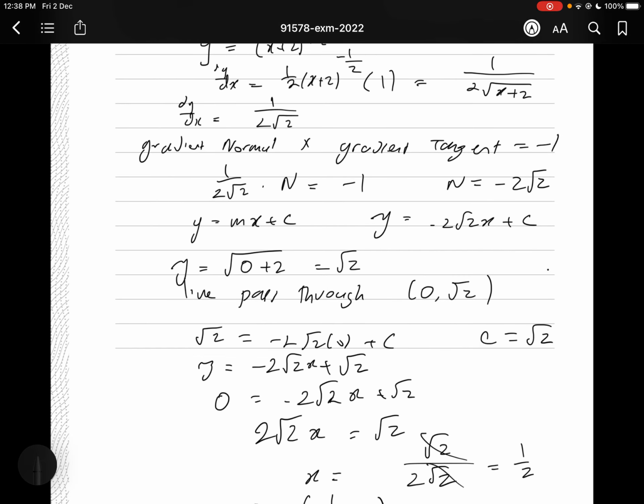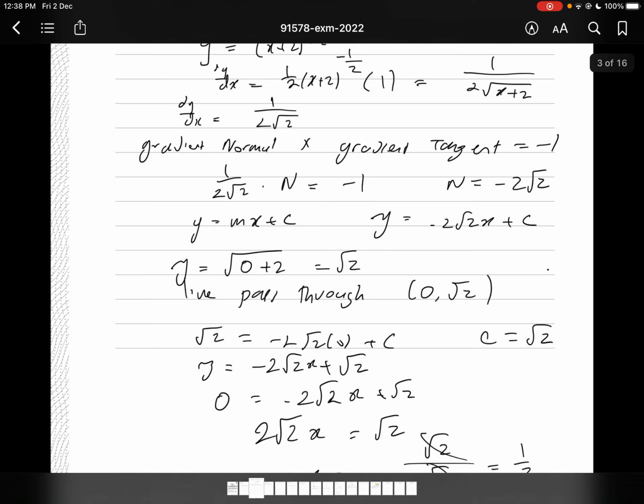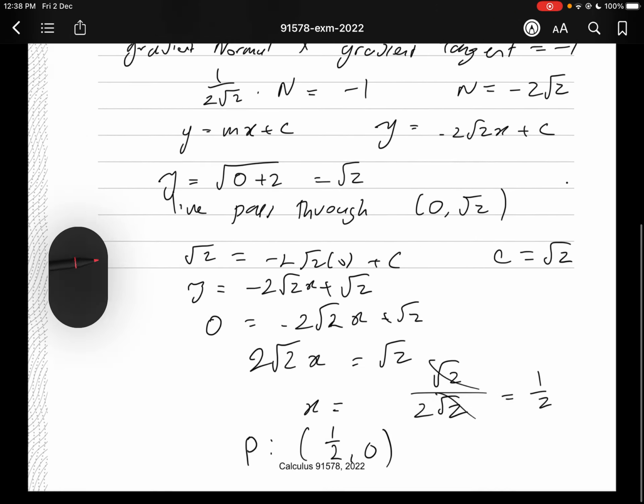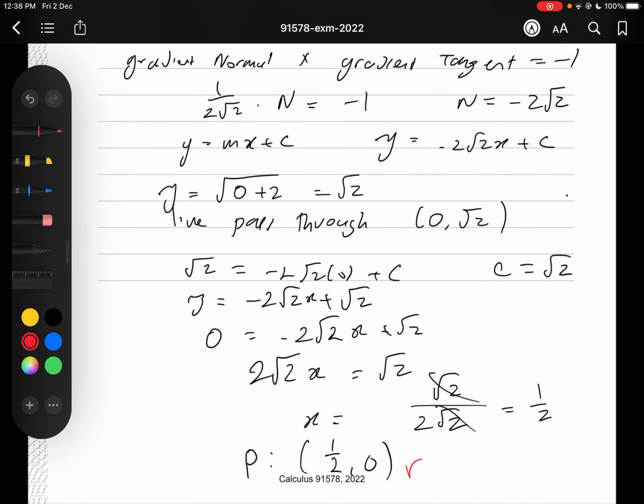And this should be a standard merit level question here, because we're working with the normal and just equations of the lines and the normal and the tangents. And correct answer at the end here, so point P found correctly, that should be a merit level grade.